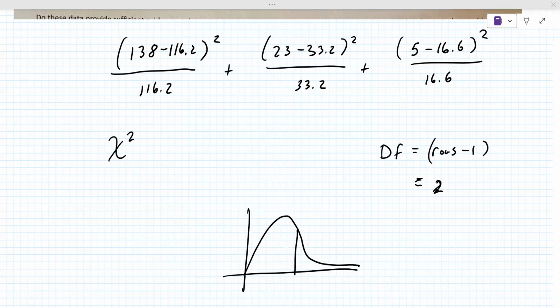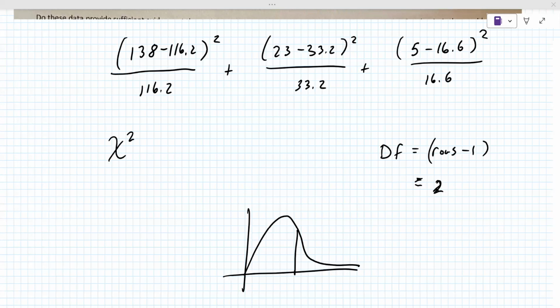Yeah, I'm already seeing a substantial difference. Five minus 16.6 squared.